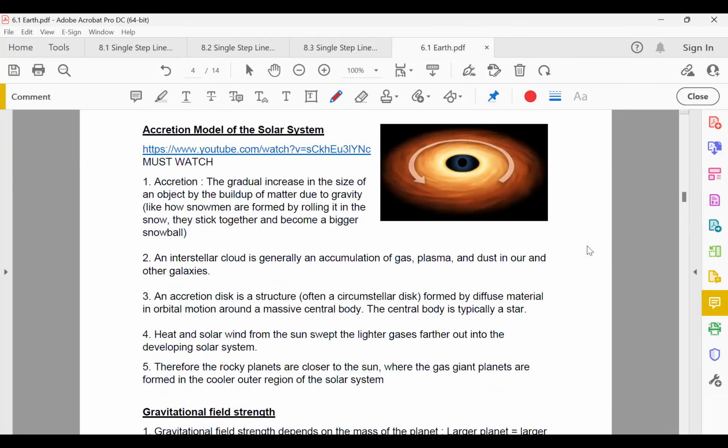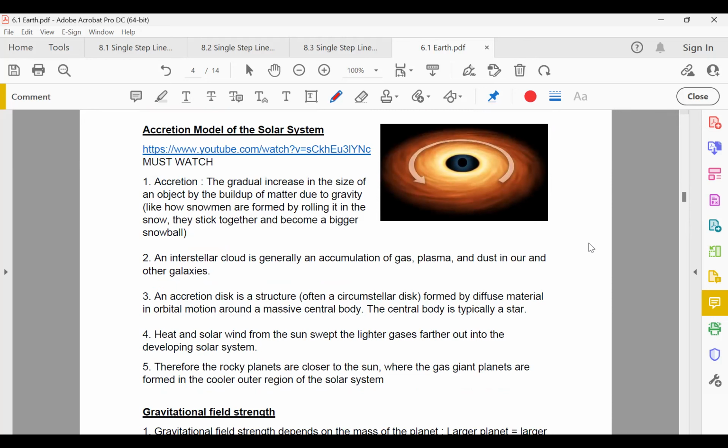Okay. And this part here, which is basically the accretion model. The accretion model is one of the theories. And I say it's a theory because no one was there to witness it, right? But it makes a lot of sense. The accretion model is one of the theories that forms the solar system, guys.